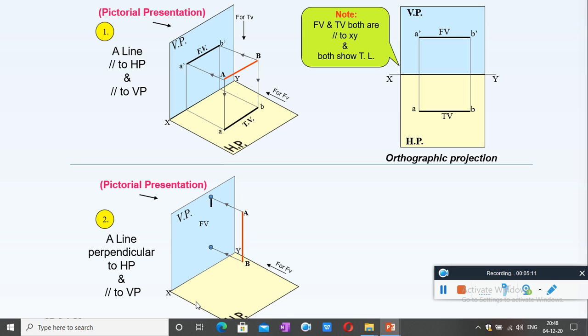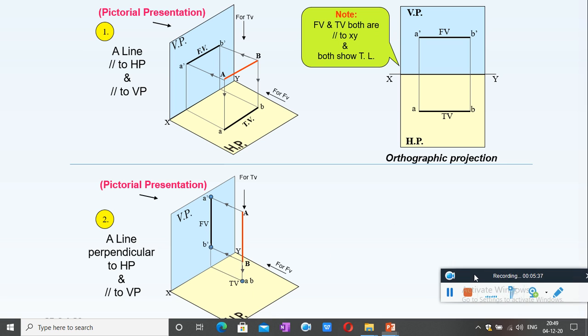This is the method of projection. And in top view, both A and B will be seen as a point. In top view, A and B will be at the same point and it is marked as a, b.